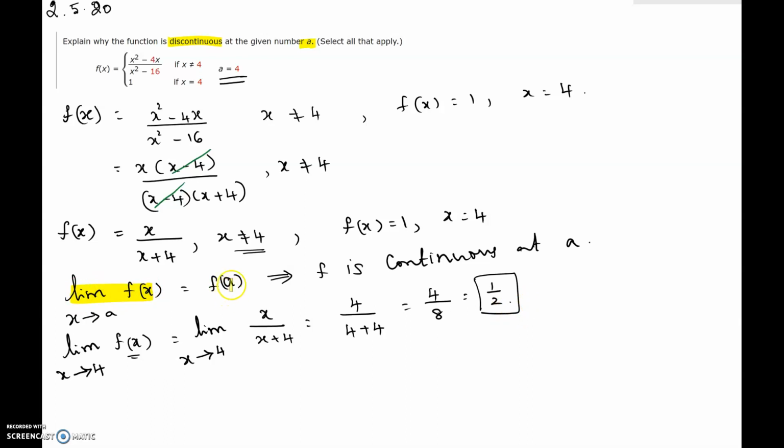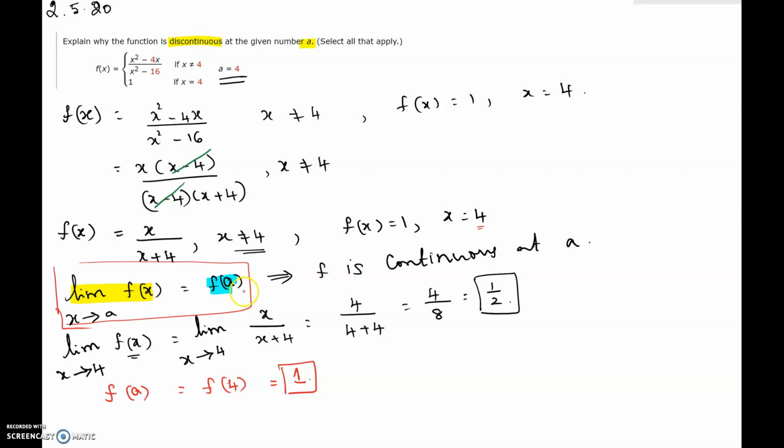And now we have to find out the right hand side, which is f at a. In this case a equal to 4, so f at 4 is given to be equal to 1 by the definition. So what we see is the left hand side of this expression, the limit as x approaches 4 of f of x, is equal to 1/2.